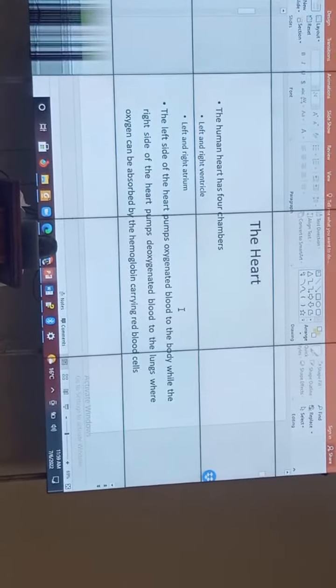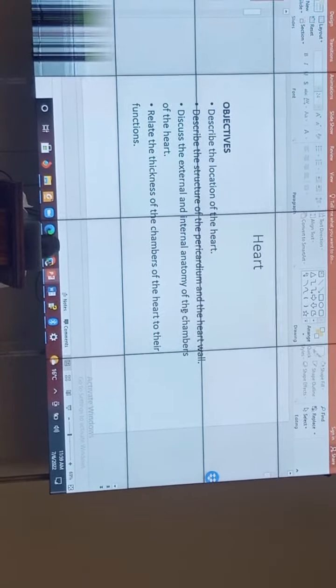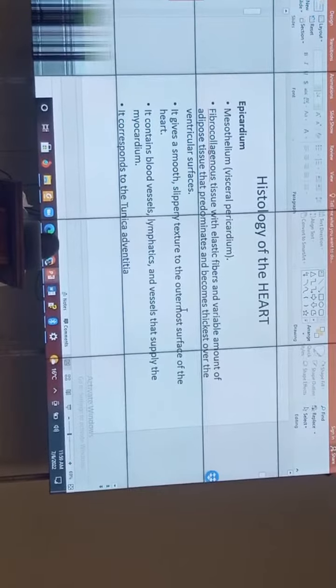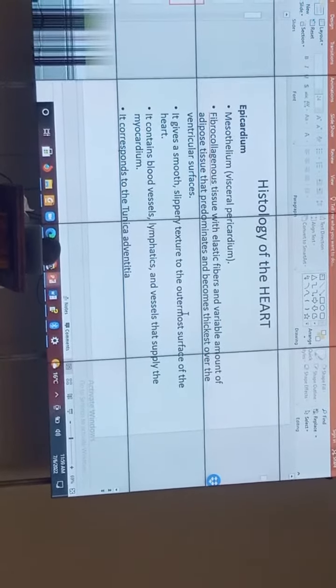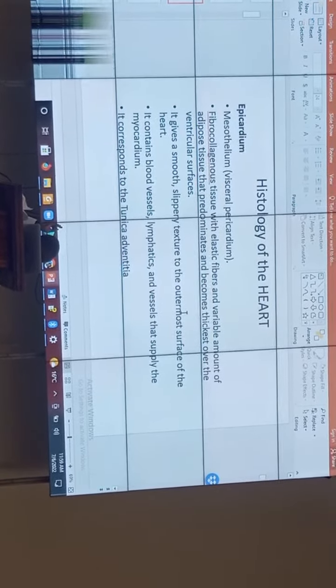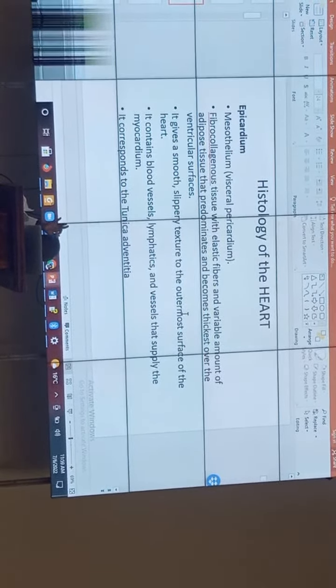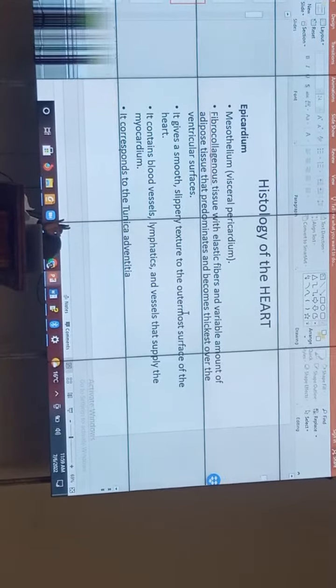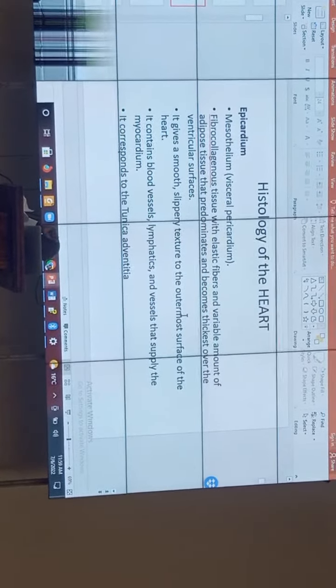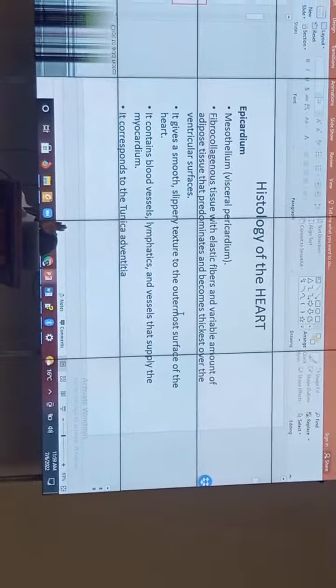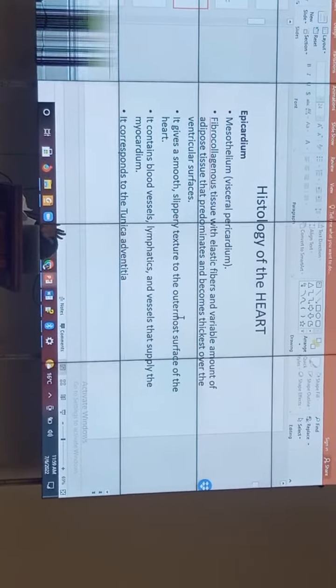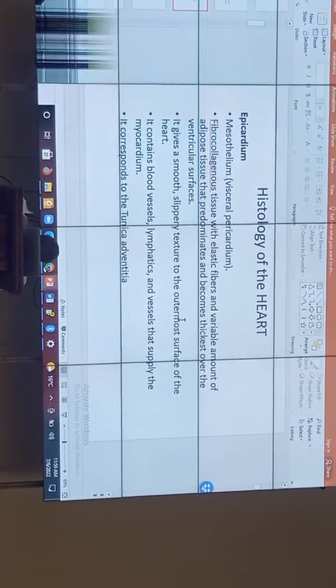So remember that all the structures of the circulatory system were actually made up of how many layers? We call them the Tunica Intima, the Tunica Media, and the Tunica Adventitia. Except that when it comes to the heart, we are not going to call the Tunica Intima the Tunica Intima, but we are going to call it the Endocardium.